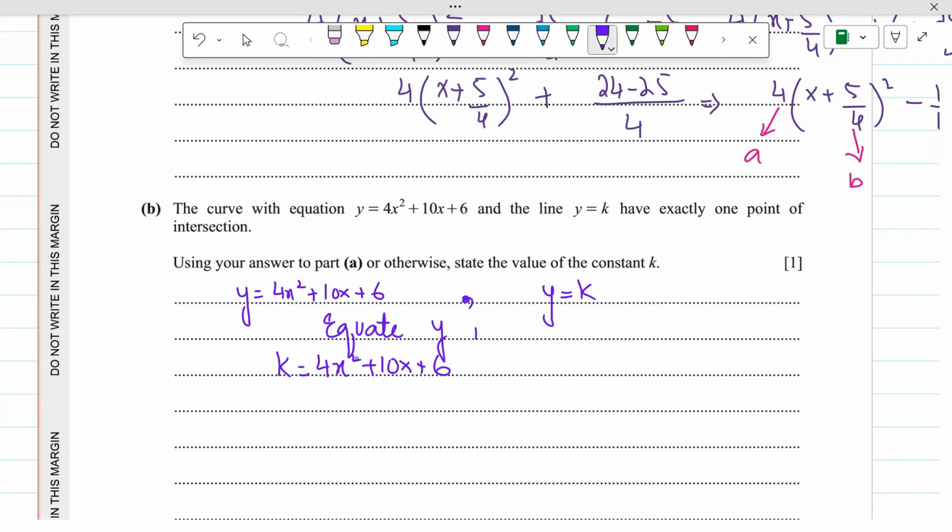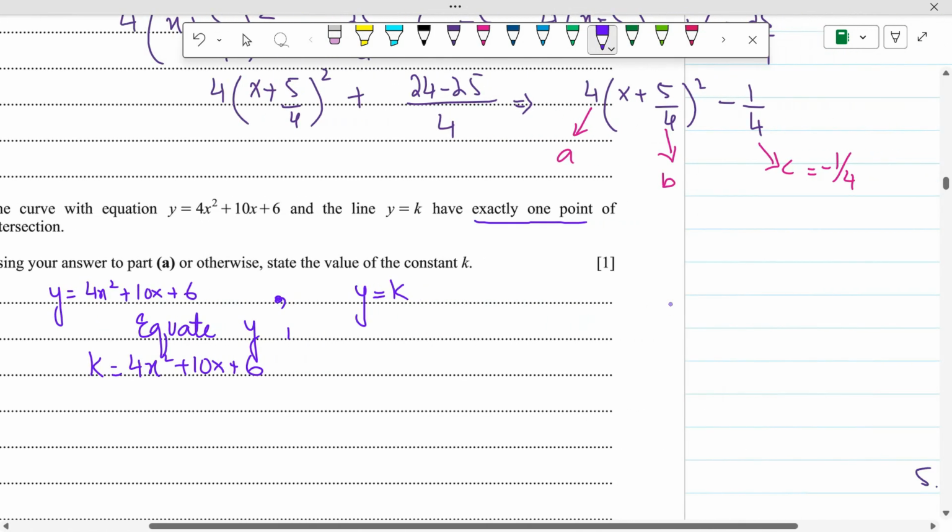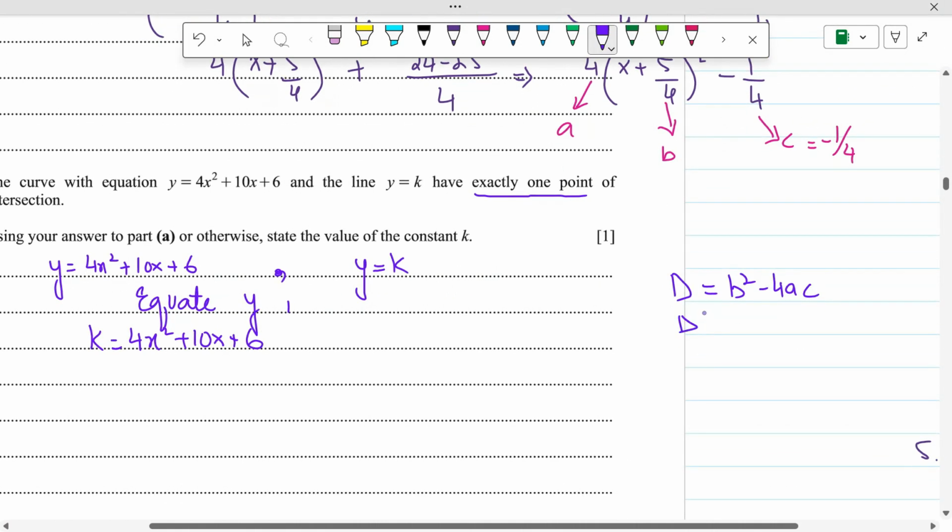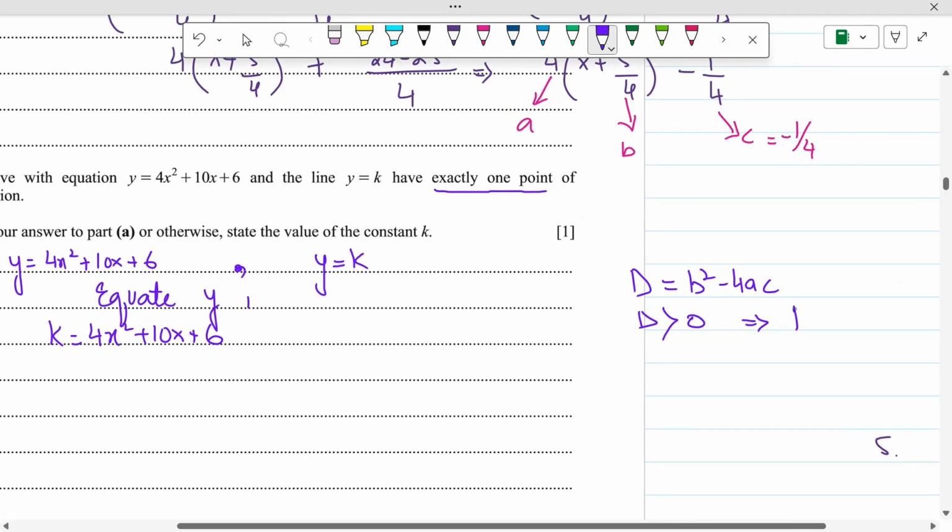This is a quadratic equation, and we know that a quadratic equation will have two roots, but it is given that there is only one intersecting point, so it means that there is only one root. The discriminant is b² − 4ac. If the discriminant is greater than 0, we will have real and distinct roots.